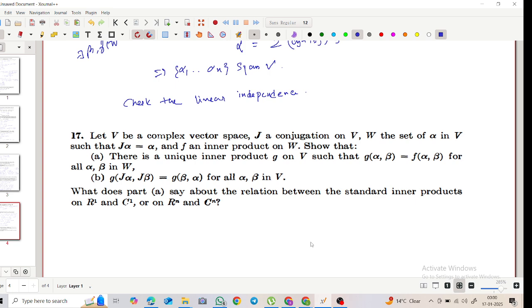If f is an inner product on W, show that there is a unique inner product g on V such that... So if f is an inner product given on the real part of V, right?